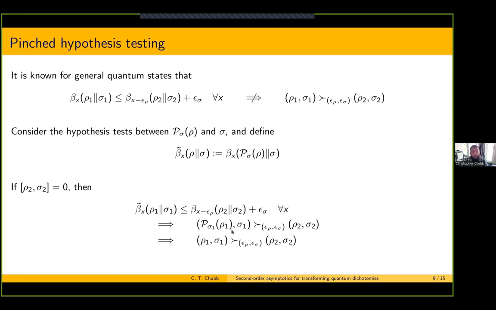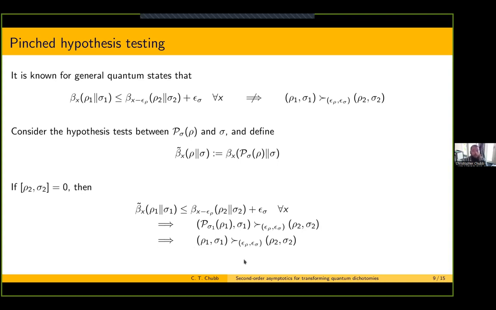But actually you can show that, well, what does this expression tell us? It tells us there's a map that sends the pinched rho to rho 2 and sigma 1 to sigma 2 approximately. Well, okay, the map that I get from this composed with the pinch also implies that I just have this Blackwell ordering directly.